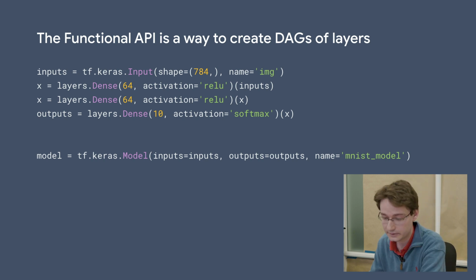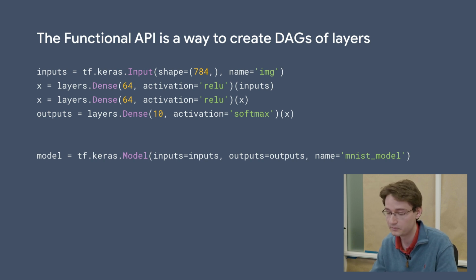You start with input nodes, which are these input objects. And then you're going to be calling layer instances on that object. You can think of this inputs object as a spec describing a tensor. It doesn't actually contain any data. It's just a spec specifying the shape of the input you're going to be expecting, the data type of the input you're going to be expecting, and maybe you could also annotate it with a name.